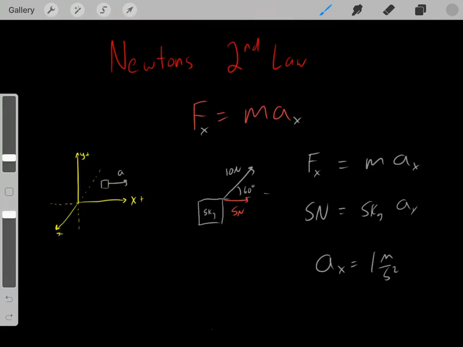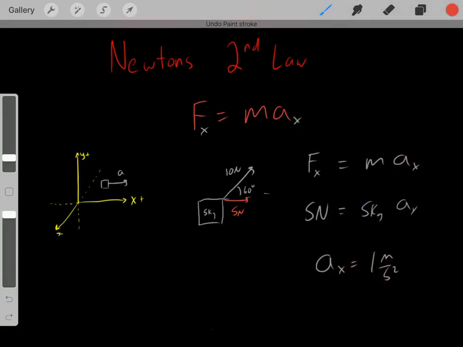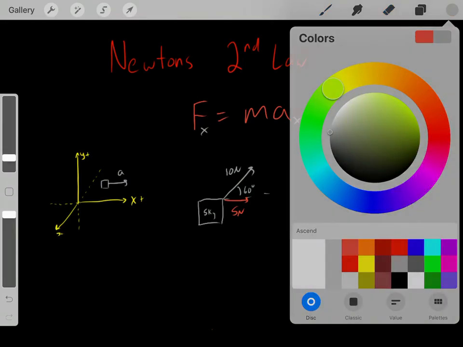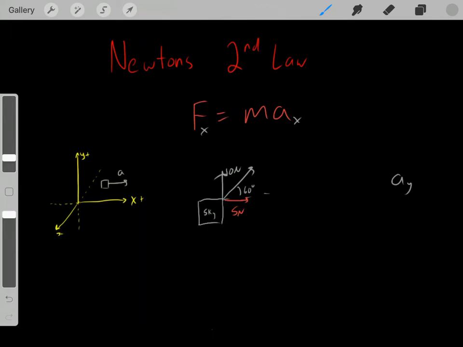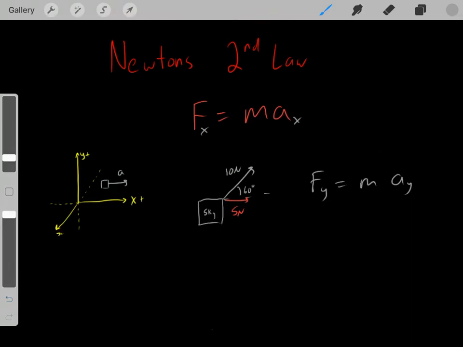And again, we know it would also accelerate in the y direction, because this 10 newton force also has a component in this y direction. So if we wanted to find the acceleration in this y direction, we need to find the forces in the y direction, because it's those forces that lead to an acceleration in the y direction.